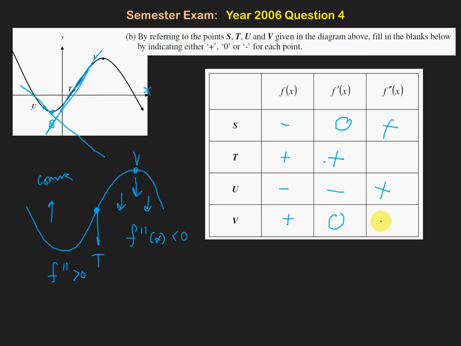And finally, since T is an inflection point, if you substitute point T into f double prime it will give 0. So remember that. I hope you can understand this, and try to find some other functions or graphs from books and so on, and practice them and do this table, and you will learn a lot by doing so. And all the best.